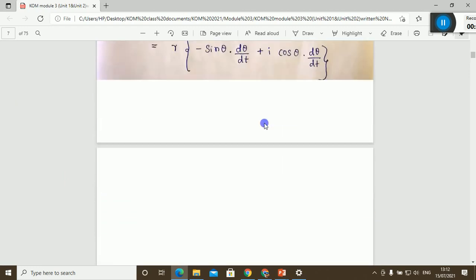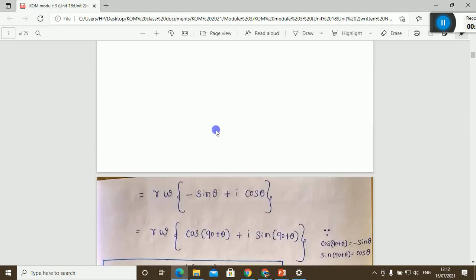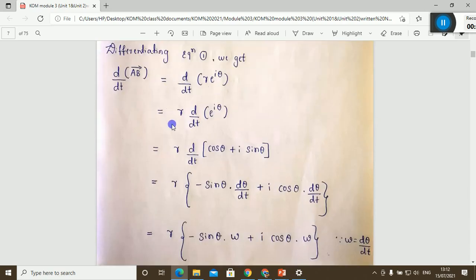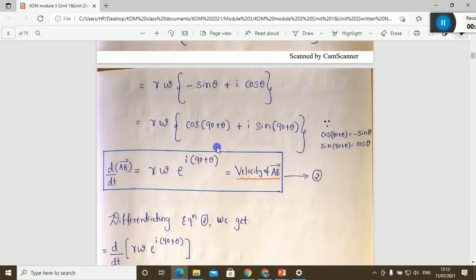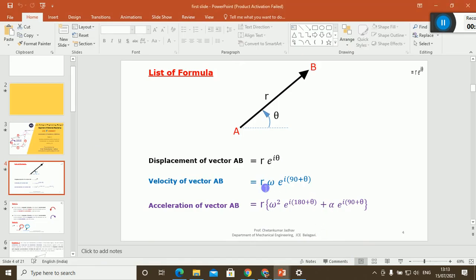After differentiating, you got r omega e raised to i (90 plus theta). So every time there's no need to differentiate all these things. Directly you can write this. Please remember this: the velocity of the vector is r omega e raised to i (90 plus theta). Only remember these three equations. When you differentiate, you'll get this one, and I'll directly write it here.